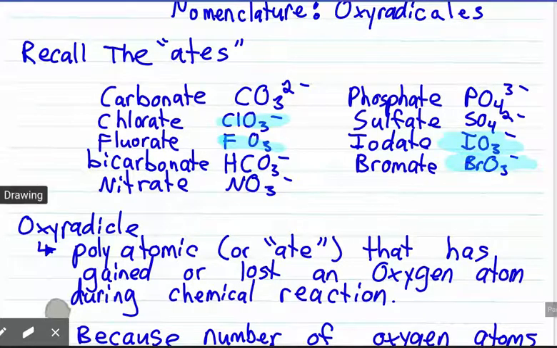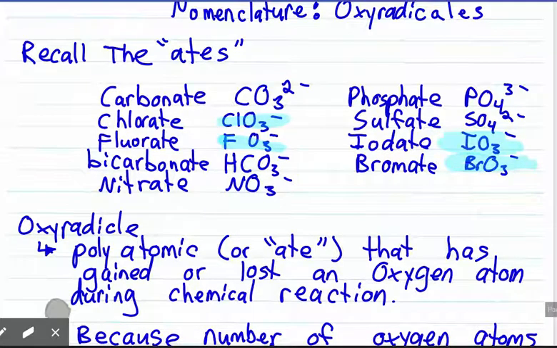They are all the halogen, 3 oxygens, and a 1- charge. So if you can remember that fluorate is basically exactly the same as chlorate, except it's a fluorine instead of a chlorine atom, then its formula will be easy for you to remember.